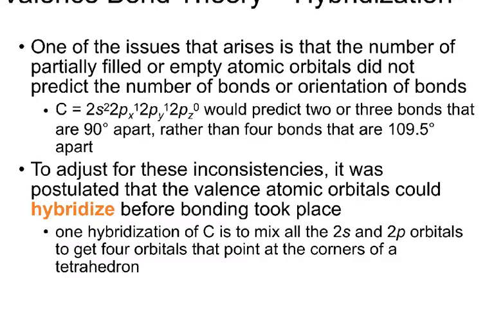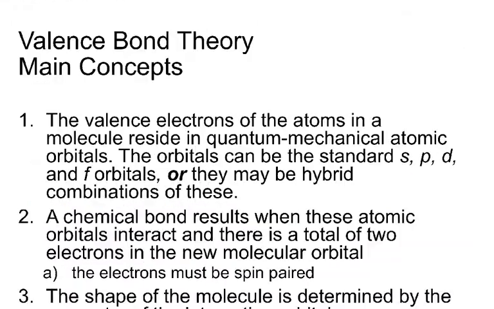So if we're talking about our carbon from the last slide, we're going to mix the 2s and the 2p orbitals. So there's 1 2s orbital, 3 2p orbitals. So add those 4 together, mix them up, and we're going to get 4 equal orbitals that are going to point at the corners of a tetrahedron.